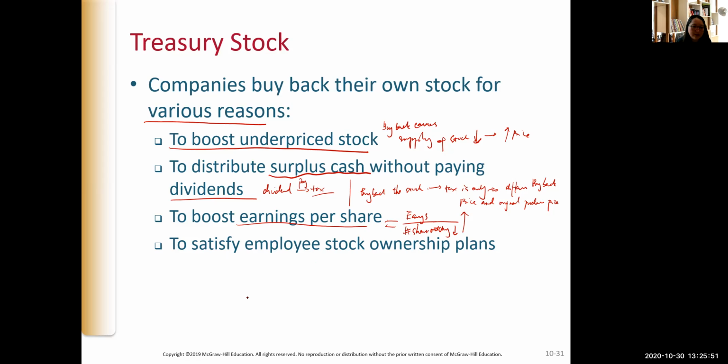And the last reason is to satisfy employee stock ownership plans. For example, if you give employees stock as compensation, then buying back those granted stocks is a form of paying them cash, right? Okay.